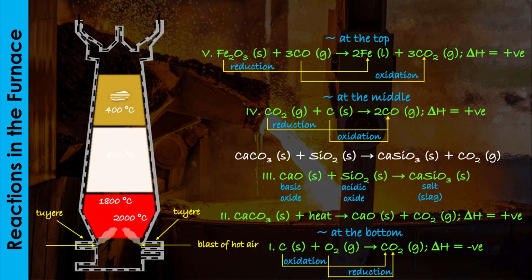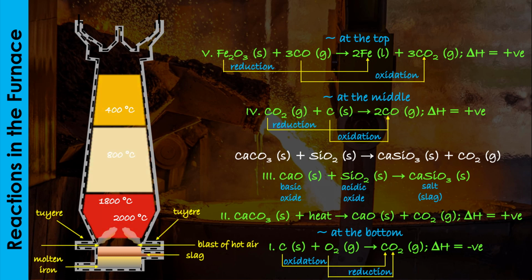The molten iron sinks to the bottom of the furnace while the slag formed in equation 3 floats on top of it due to its lower density than iron. The covering by the slag prevents the hot molten iron from being oxidized to iron(III) oxide again by atmospheric oxygen.